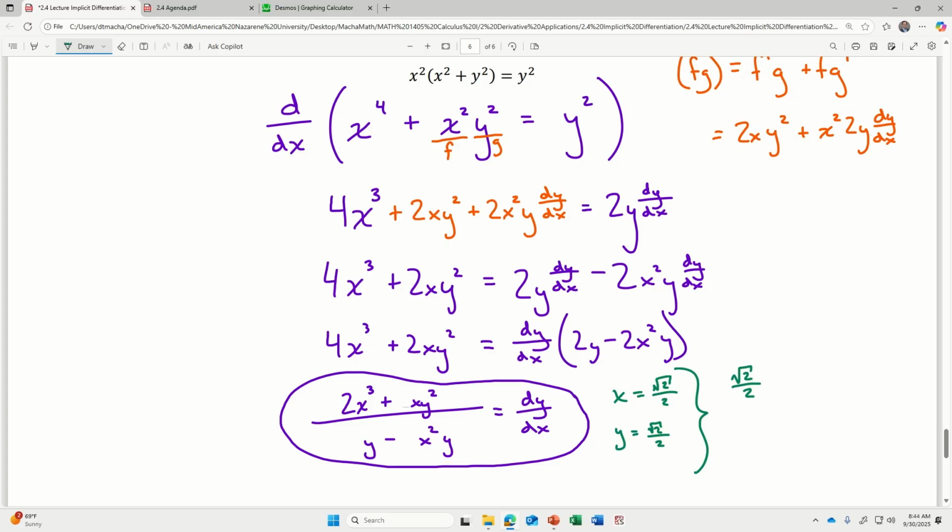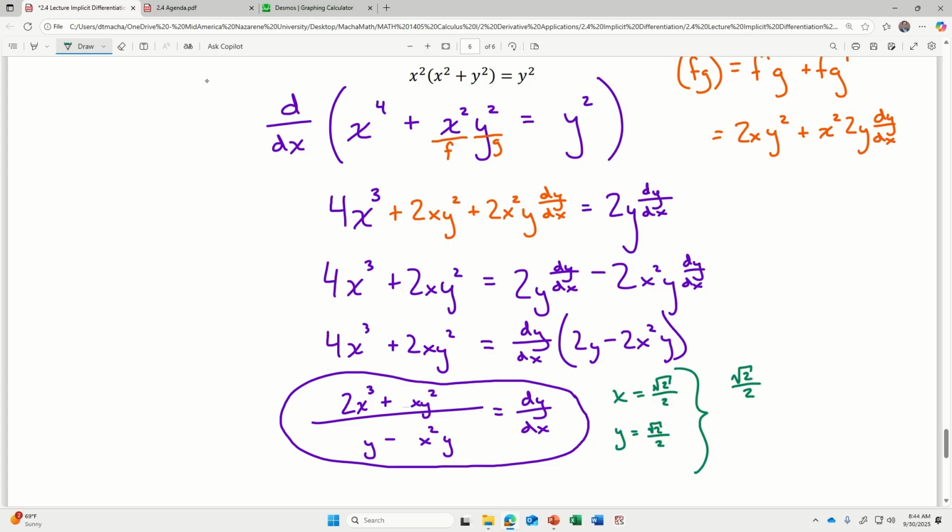Two times square root 2 over 2 cubed is going to be, I think, square root 2 over 2. And then x times y squared is going to be the same thing as square root 2 over 2 cubed, because x and y are the same number right now.